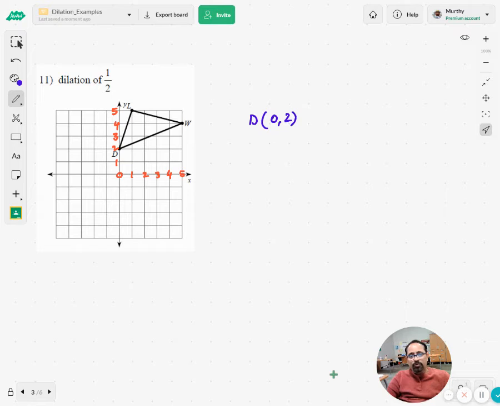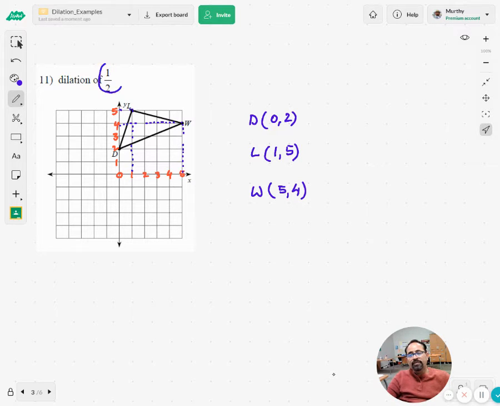And when it comes to point L, you see that on the x-axis it is on 1 and y it is 5. So it is 1, 5. Coming to point W, x is 5 and y is, you can see, 4. So it is 5, 4.